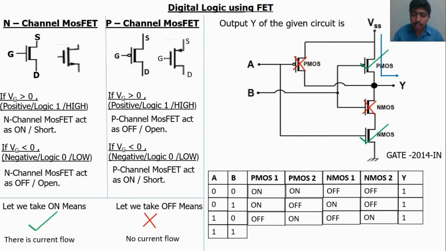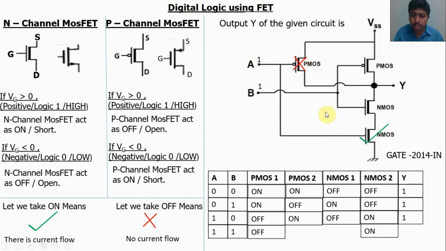Next, check the output for the input 1, 1. A is equal to 1, B is equal to 1. If A is positive voltage applied, PMOS 1 will be off. At the same time, NMOS 2 will be on. So put the cross mark on PMOS 1 and tick mark on NMOS 2.